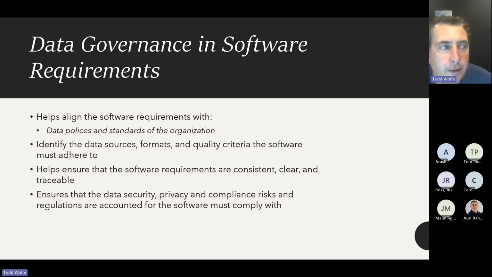Because if it's not defined here in the requirements, the software development team is going to come back and say, well, it's not our fault. You can't make the assumption that we are supposed to know these things. We're not experts in the domain areas. It wasn't in the requirements.